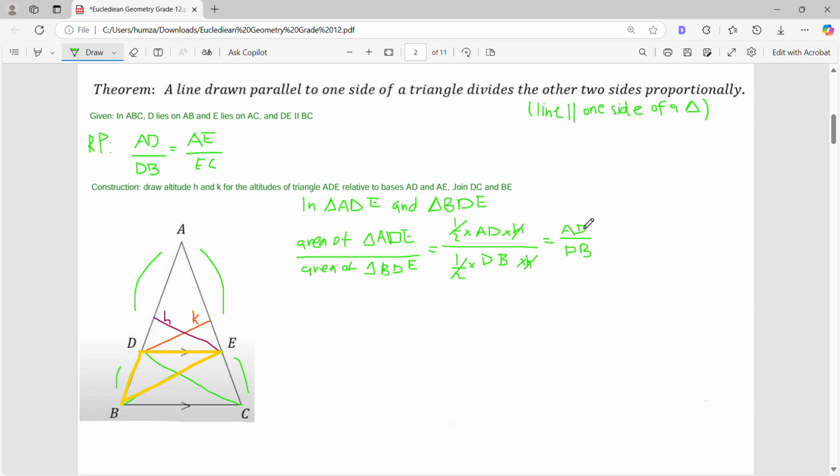So we can say they have the same height H.